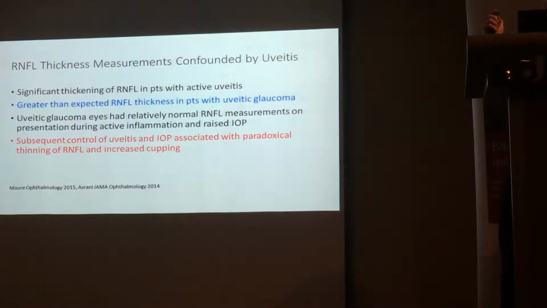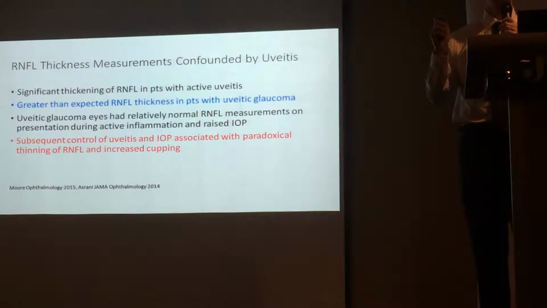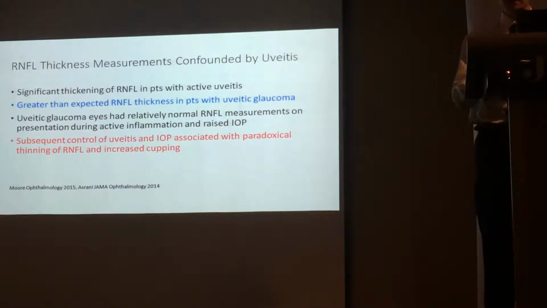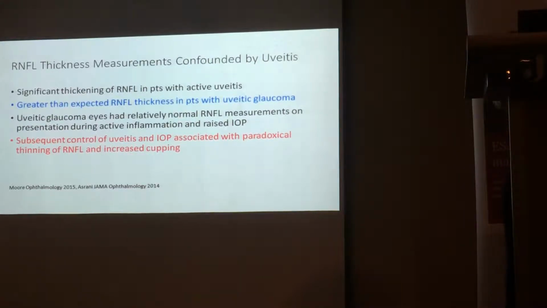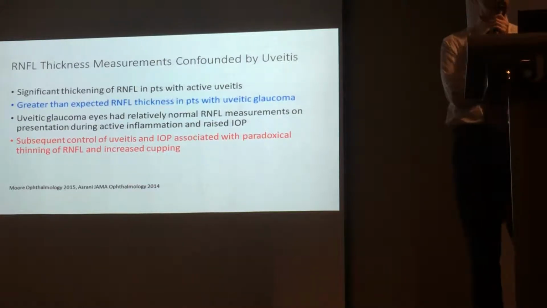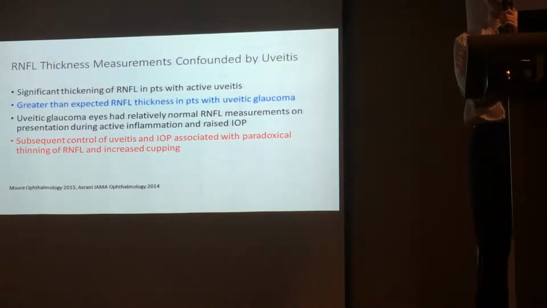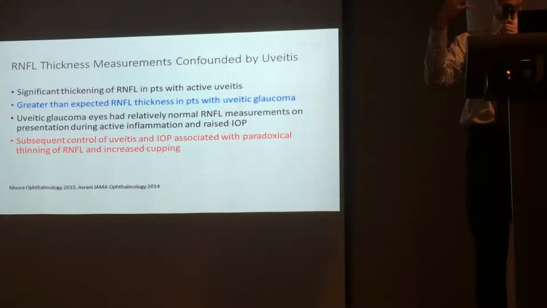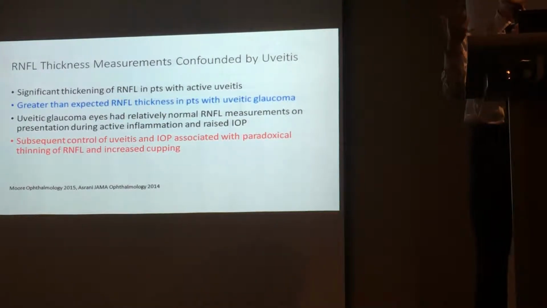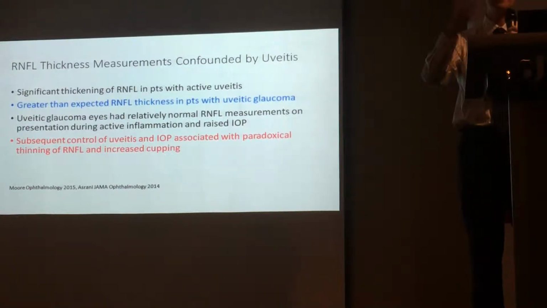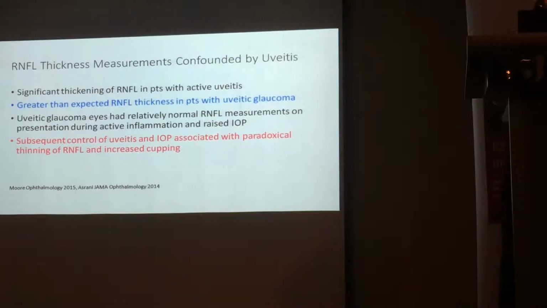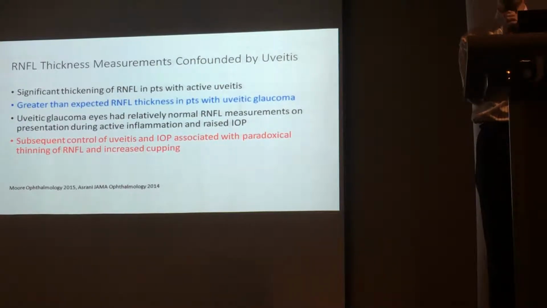Now, please be careful about relying on scans to come to a diagnosis, because RNFL thickness measurements or macular thickness measurements can be confounded by uveitis. As we all know, in uveitis, the retina, whether it's around the disc swelling, macular swelling, retina swelling, whatever it is, that can happen when the patients are actively inflamed.